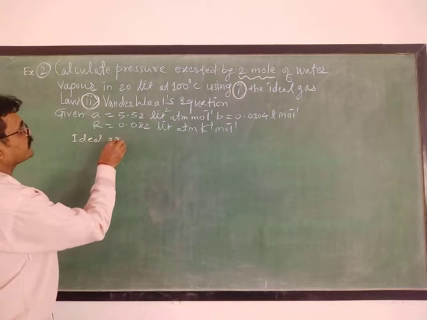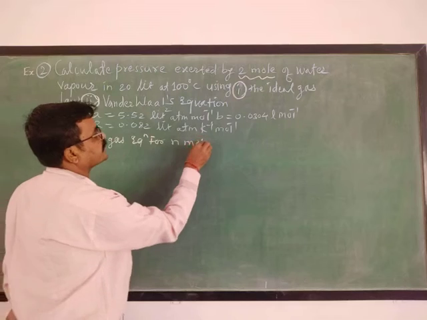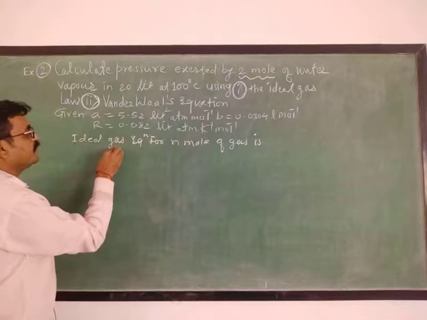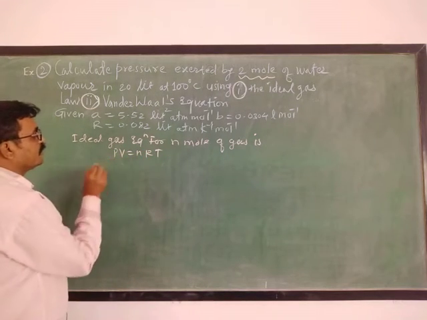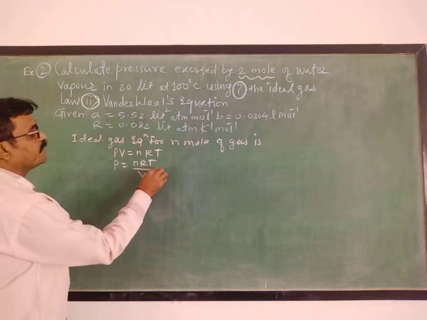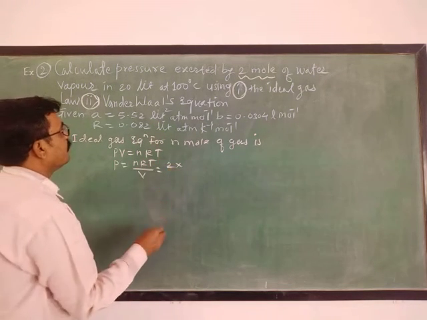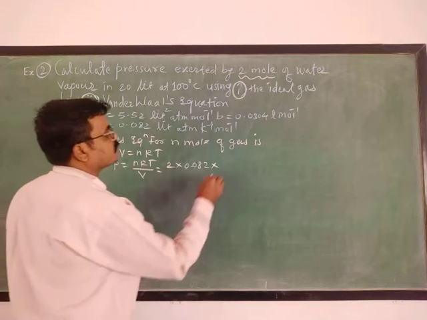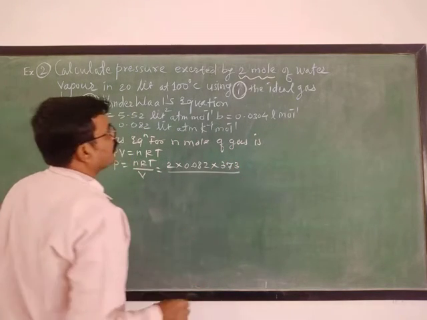The ideal gas equation for n moles of gas is PV equals nRT. You have to calculate P, so P equals nRT upon V. The number of moles given is 2 moles. The value of R is 0.082. The temperature is 100 plus 273, so 373 Kelvin, upon volume.